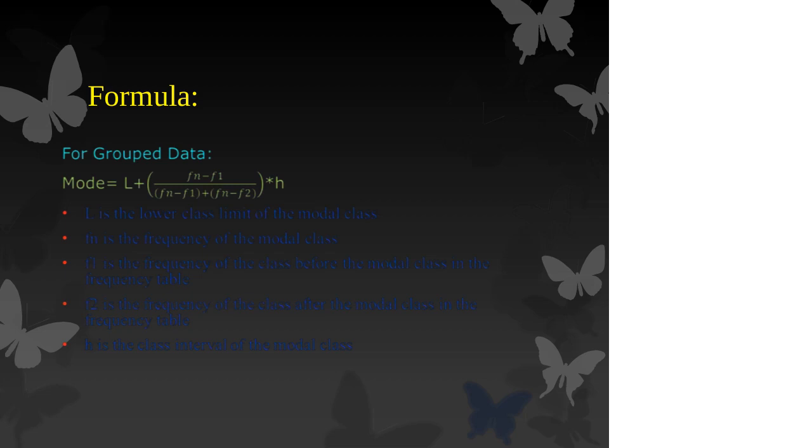However, the formula for the median for group data is given as L plus n over 2 minus CF, into bracket, you multiply h, then you divide by f.